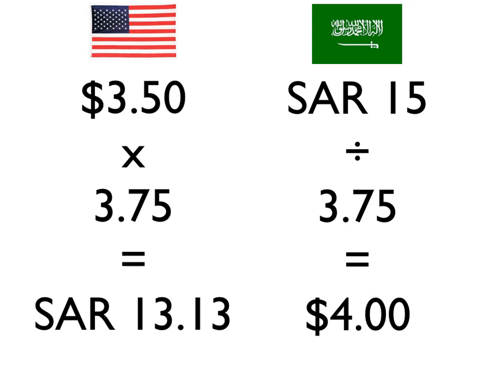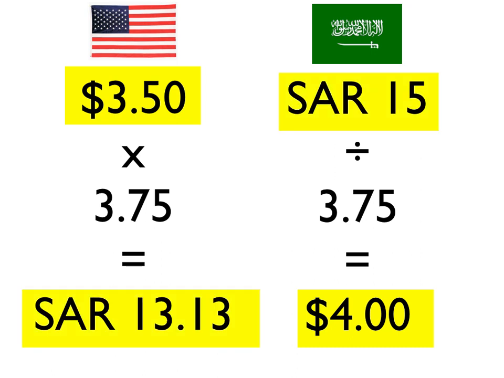Well, you take $3.50 and multiply it times that exchange rate, which would give you an indication of 13.13 riyals is what you're effectively spending in the U.S. In Saudi Arabia, you could take their riyal price, divide it by the exchange rate to dollars, and it would come back at $4. So in the U.S., you're paying $3.50. In Saudi Arabia, you're effectively paying $4, or if you're in Saudi Arabia paying 15 riyals, in the U.S. you'd be paying 13.13 riyals.